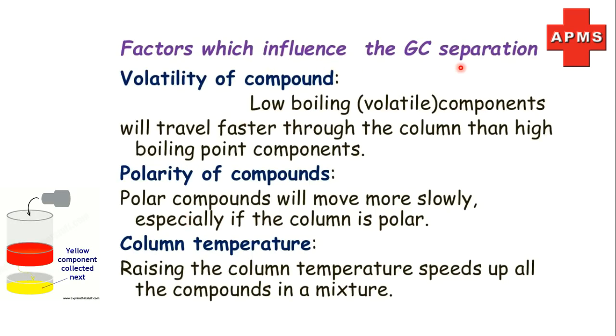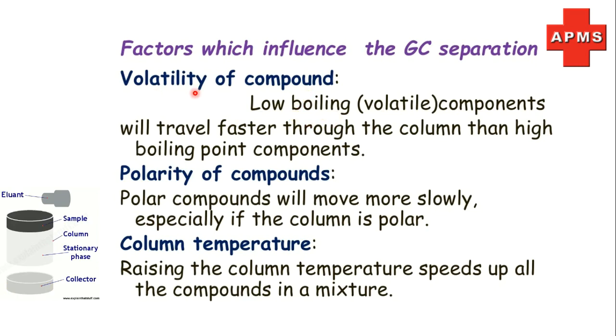Factors which influence the gas chromatographic separation. First factor is volatility of the compound. If the compound present in the sample has high volatility, high volatile nature means it vaporizes easily.